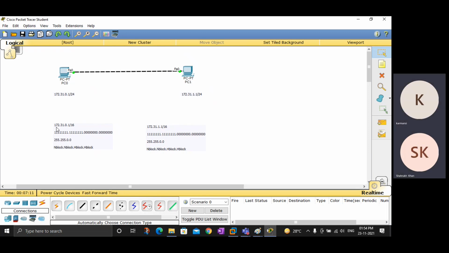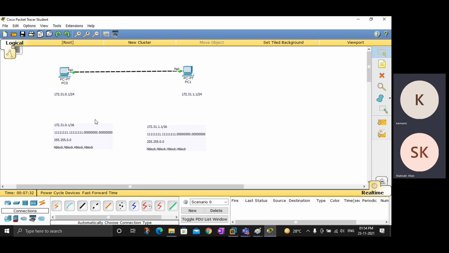So if we check the starting 2 blocks here, 172, here it is also 172. Next is 31, here it is also 31. So just by checking these two values, we got that they are of the same network and they can communicate.